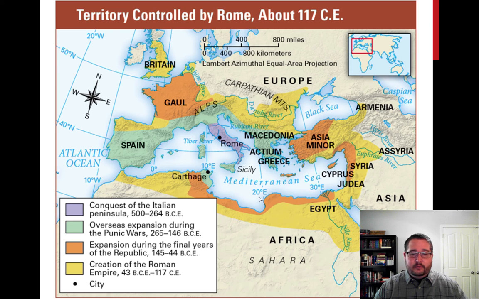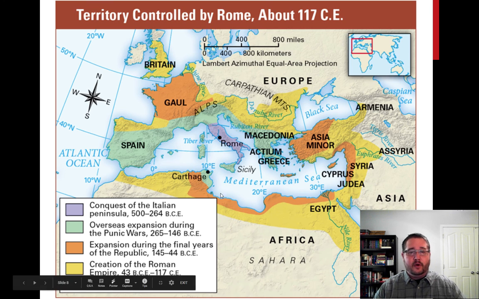And then during the Punic Wars that I just mentioned, and then during the final years of the Republic, they're continuing to expand into North Africa, Egypt, modern-day Turkey, Israel, Palestine, and then into Gaul, which is modern-day France, and then the Roman Empire expands things even further.